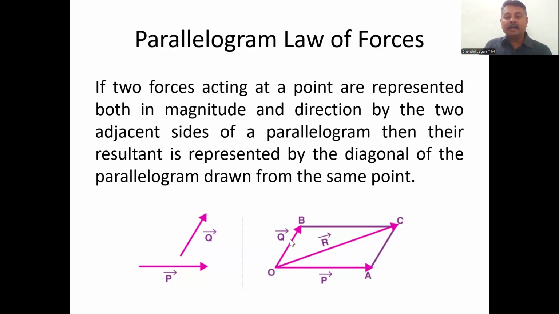Here we consider the two forces as representing the two sides of the parallelogram. Then their resultant vector R is given by the formula R is equal to root of P square plus Q square plus 2PQ cos theta.